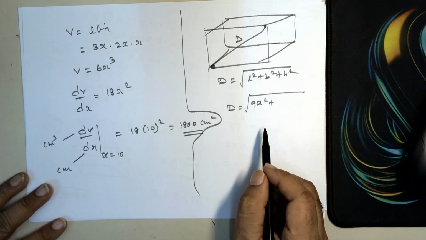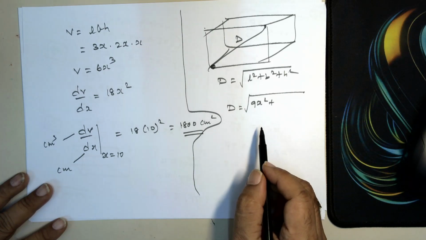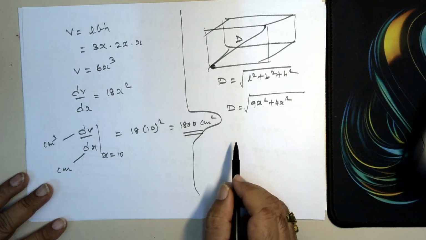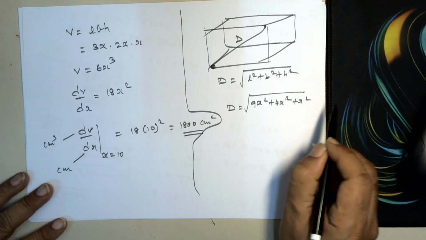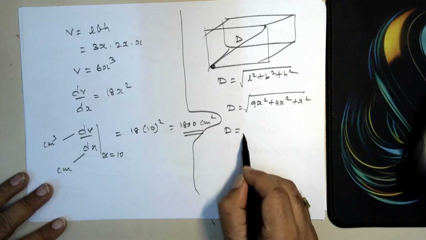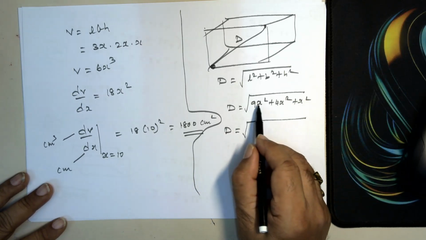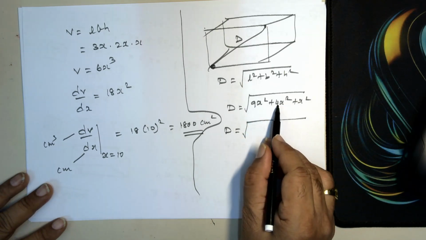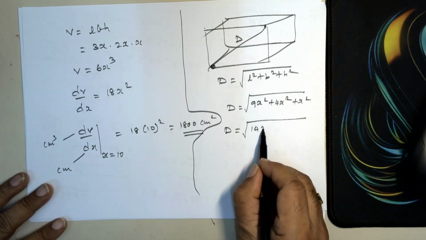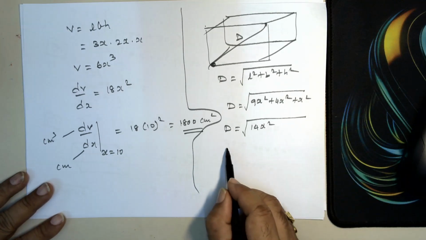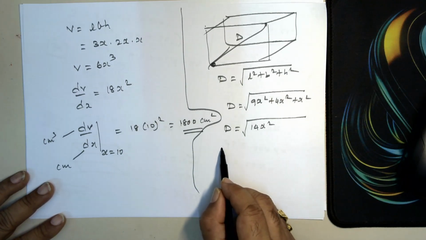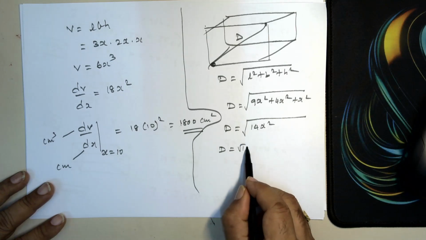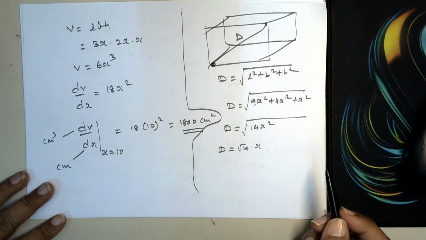What is B? 2x. So 4x squared. What is H? x. So put x squared. Therefore, D is equal to the whole square root of 9 plus 4, 13 plus 1, 14x squared. That is D is equal to root 14 into x.